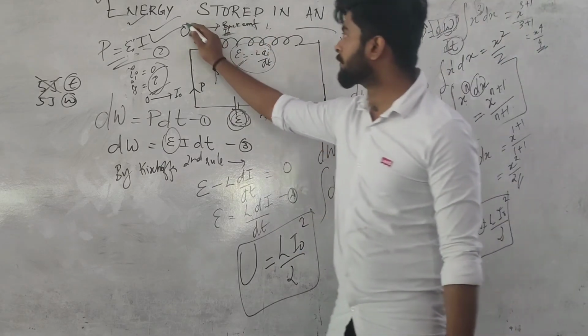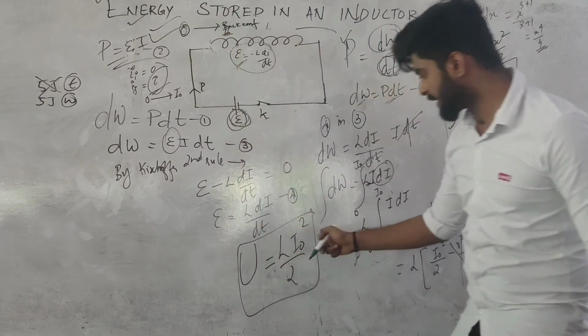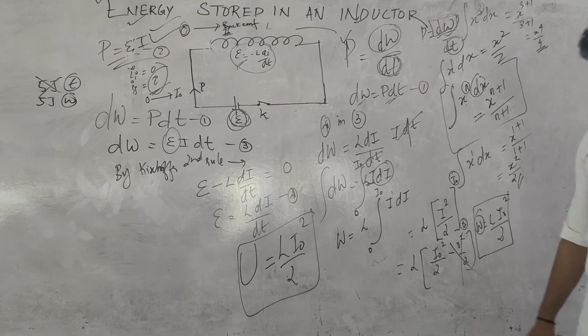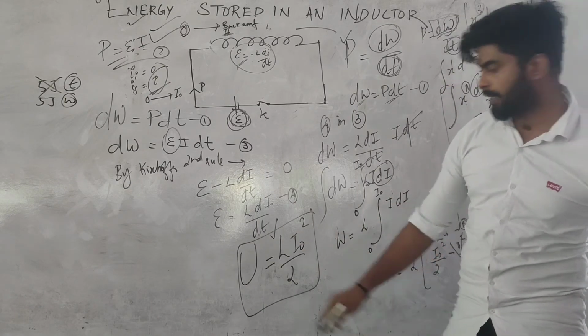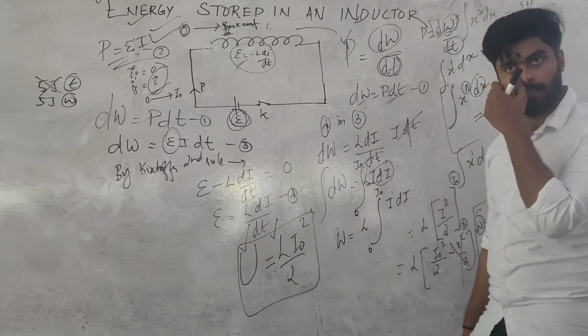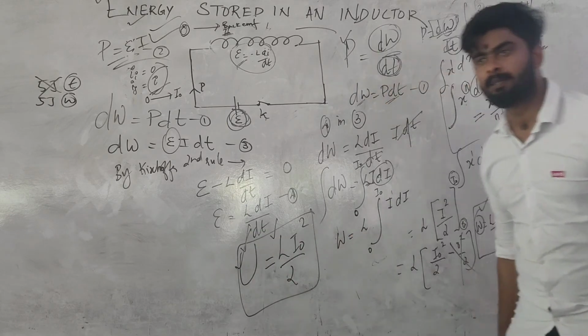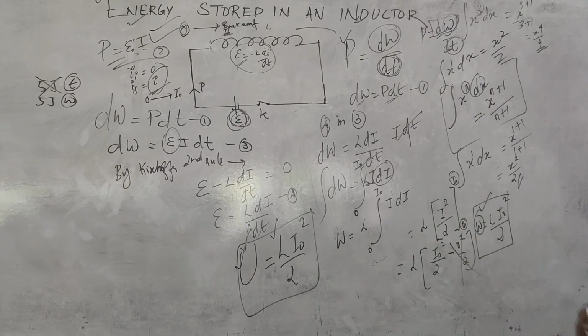Since we are increasing the current from 0 to I naught, it becomes L I naught square by 2, where L is self-inductance. What is U? Potential energy. Right? Because work is stored in the form of energy. Work and energy are equivalent to each other. So after finding the work, you will equate it with energy. So U will be L I naught square by 2. Clear?